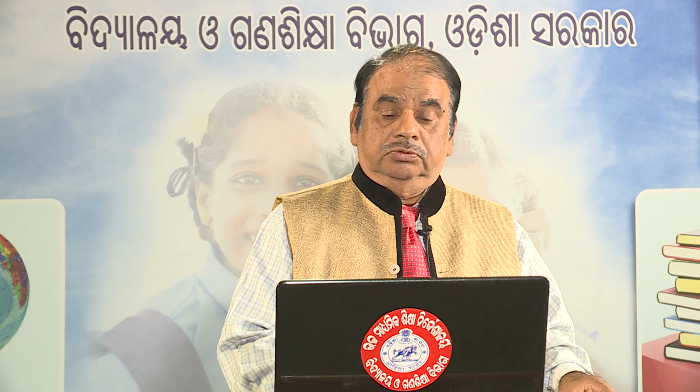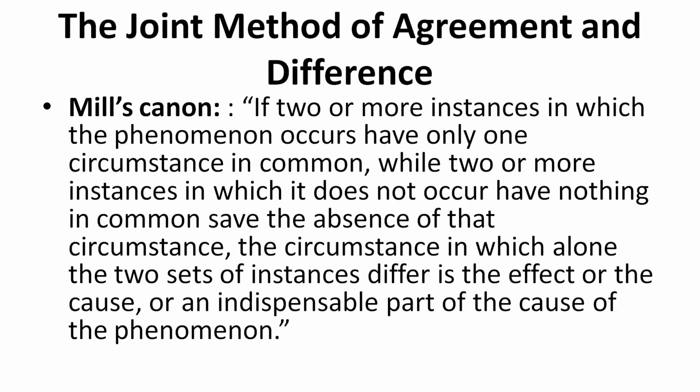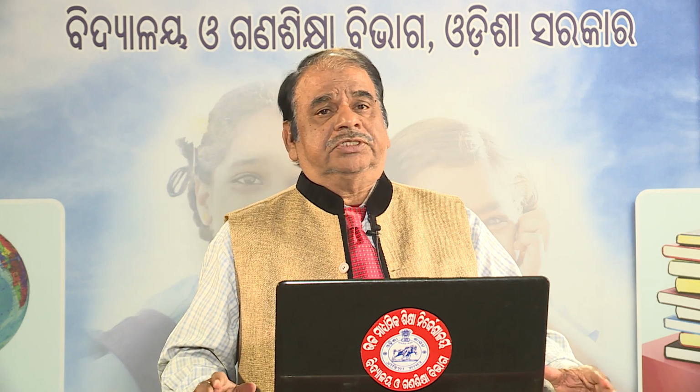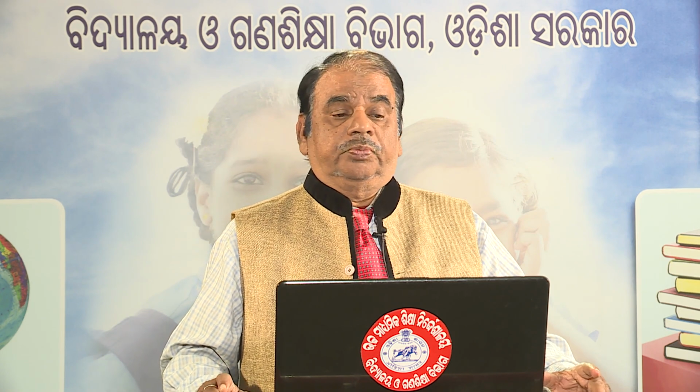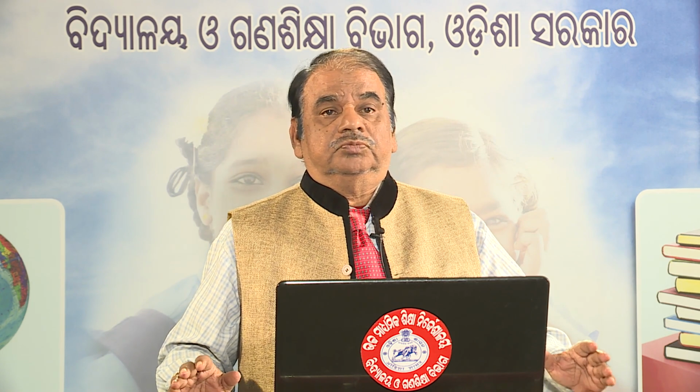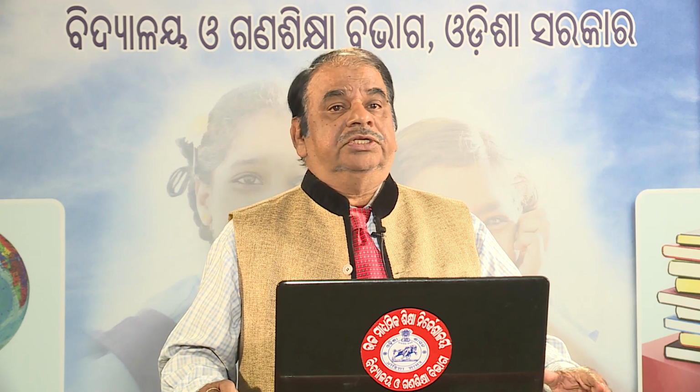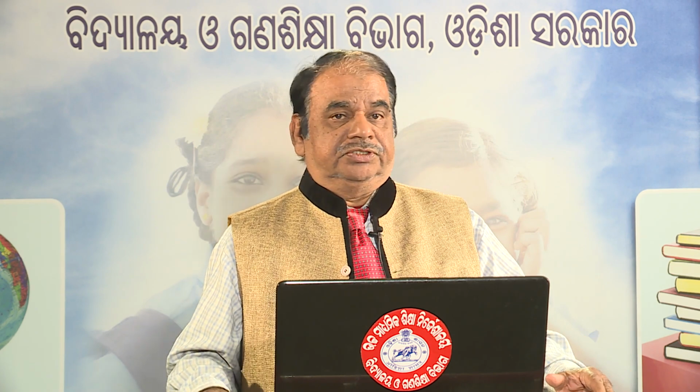First of all, we shall take up the joint method of agreement and difference. As you see, the name suggests what the method is going to follow. It is the combination of two methods we have already discussed, that is the method of agreement and the method of difference.